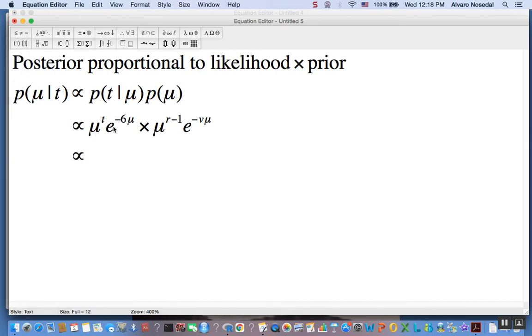let's combine these exponents. So what we end up having is mu to the power t plus r, e to the power minus, and then what we're going to have here is 6 plus v, right, times mu.